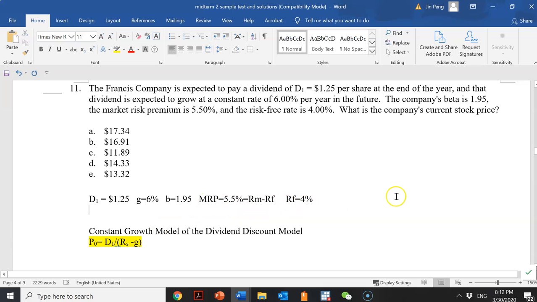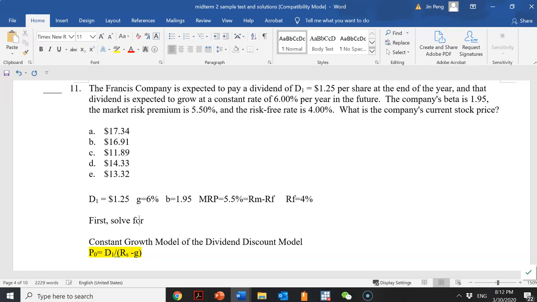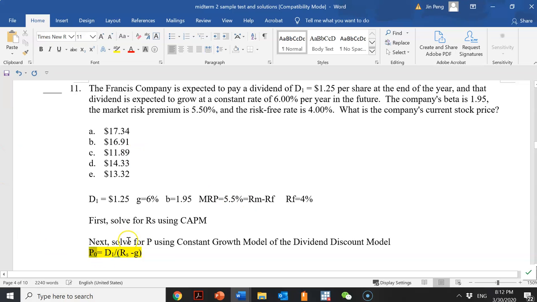So we can first solve for RS using CAPM, and next, solve for P0 using the constant growth model version of the dividend discount model.